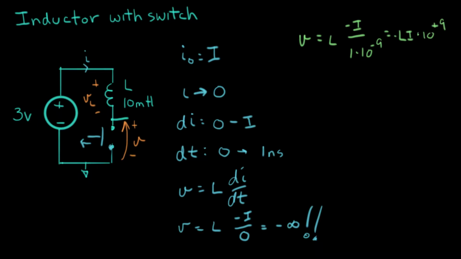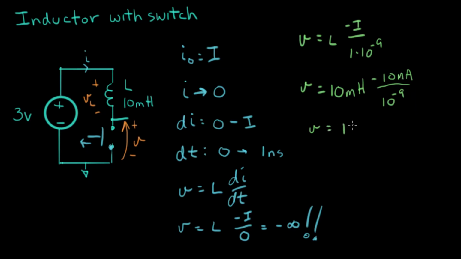Okay, let's plug in some real values and see what we get here. Let's say L was 10 millihenries. And let's say I was 10 milliamps flowing down through the inductor, so delta I is minus 10 milliamps. And the time involved is 10 to the minus 9 seconds. What does that work out to? 10 millihenries, that's 10 to the minus 3 and 10 to the minus 3.